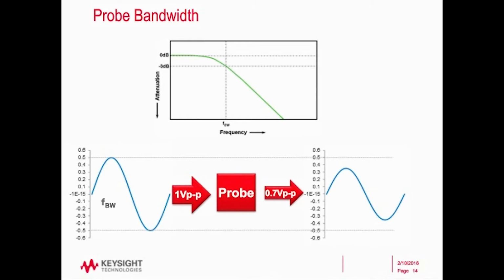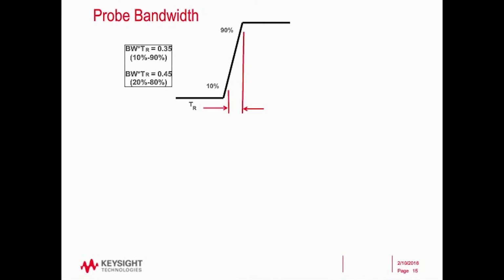As I slowly dial up and increase the frequency of that sine wave, I will get to a point where I'll start to see the output of the probe be smaller than the input of the probe. And when I get to the frequency at which the output of the probe is 0.7 volts compared to that 1 volt input to the probe, I'm now at the point that I've found the 3 dB point for this probe. Now, keeping that idea in mind, we're going to build on that and kind of enrich this.